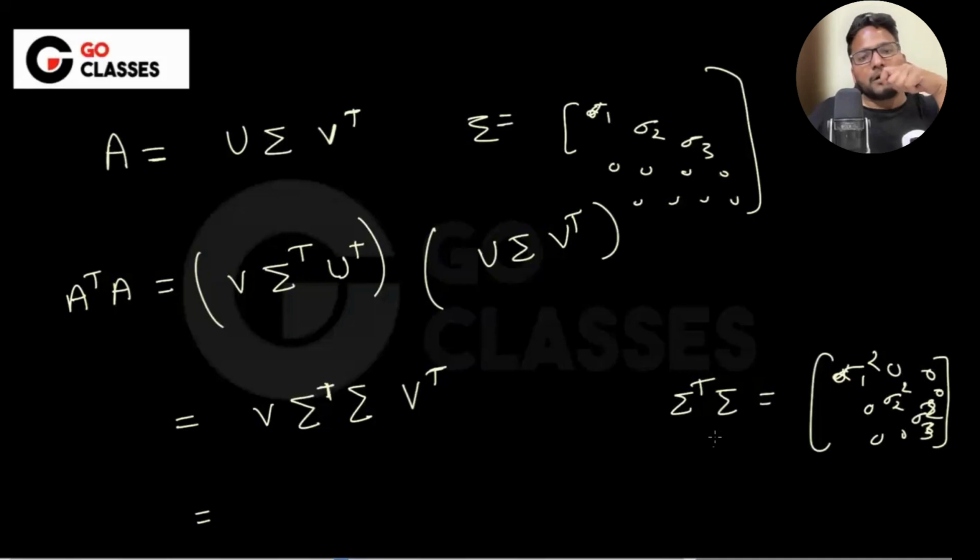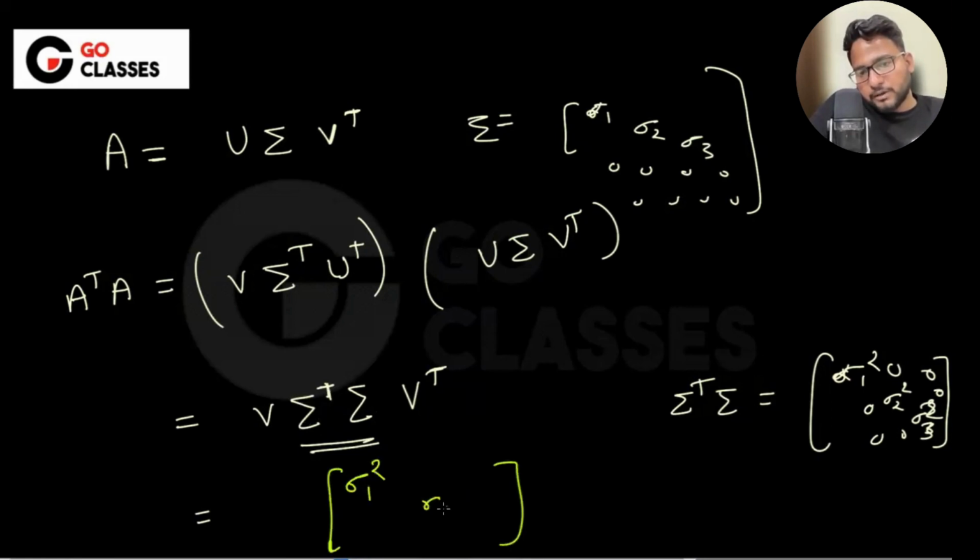So basically, this is some diagonal matrix, and let's not worry about whether it is sigma square or something. Let me denote it by sigma square, like this. Instead of writing the whole sigma square, I'm writing it like this. I hope that is fine.